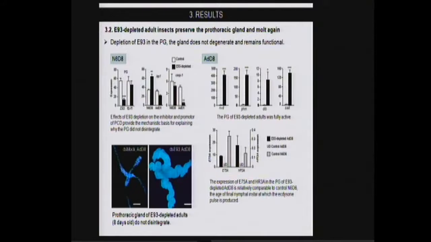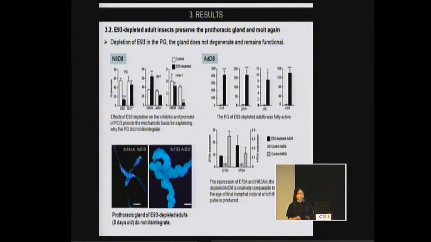And also in NIM6D8, we measured the expression of IAP1 and caspase1, two genes that play opposite roles in programmed cell death.